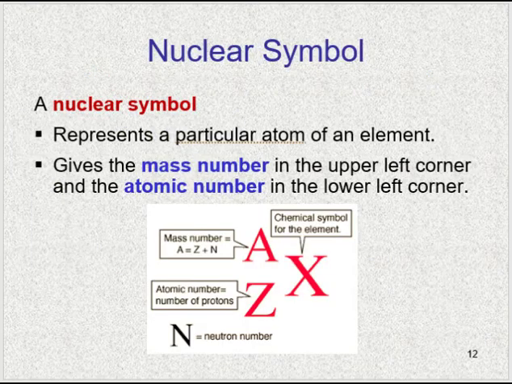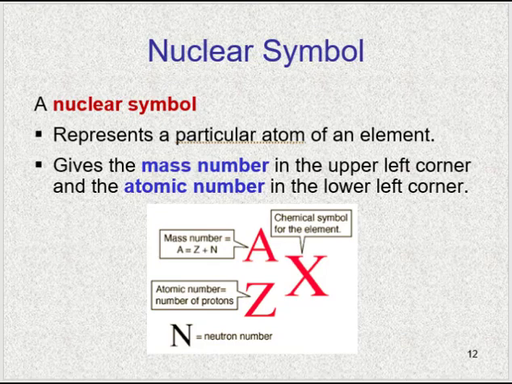Now we're going to take a closer look at nuclear symbols. Each of those little squares I pointed out on the periodic table is called a nuclear symbol. Each nuclear symbol represents a particular atom of an element. It'll give the mass number in the upper left-hand corner and the atomic number in the lower left-hand corner.